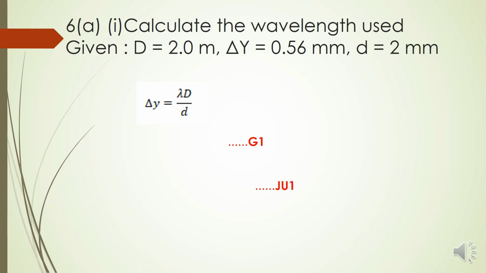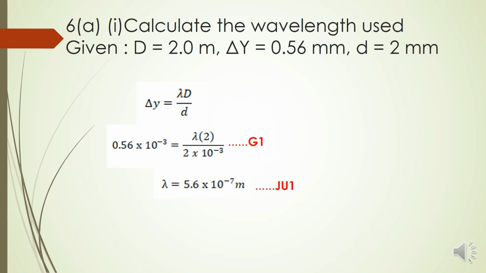Formula yang boleh kita guna adalah delta Y equal to lambda D over d. By using this formula, we substitute all the information. For example, delta Y, D 2 meter and small d equal to 2 millimeter. Semua gantian betul dapat 1 markah.